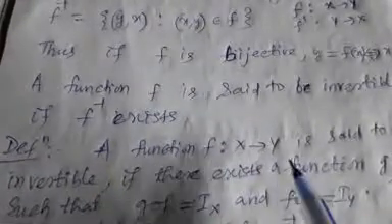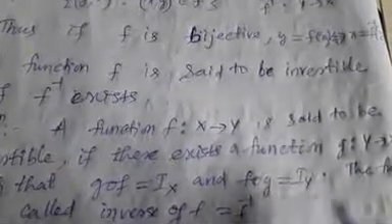Definition 2. A function f such that x to y is said to be invertible if there exists a function g such that y to x such that g∘f of x is equal to identity of x and f∘g of y is equal to identity of y.